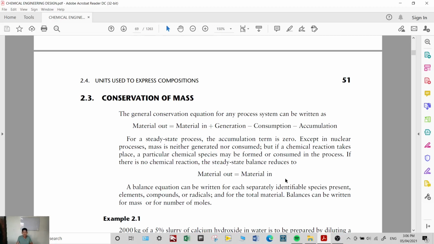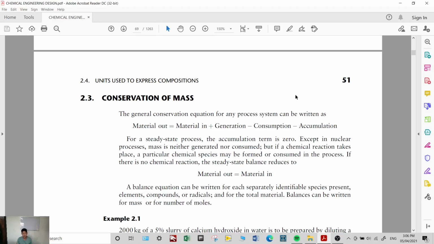Okay, so now there are many processes that do not involve chemical reaction. For example, limestone preparation plants, wherein you want to reduce the particle size of your limestone so that you can use it for a certain process.